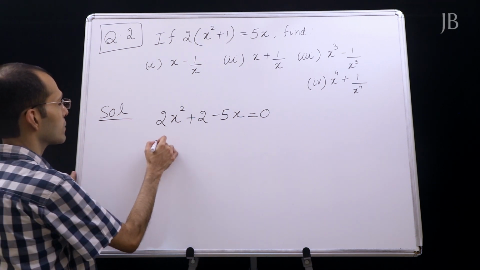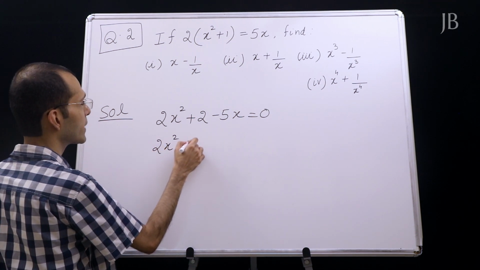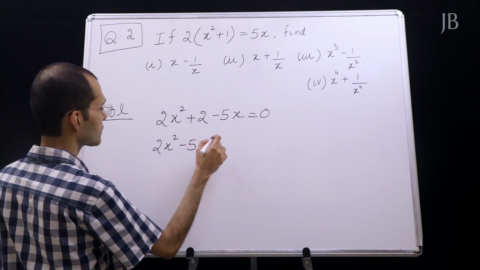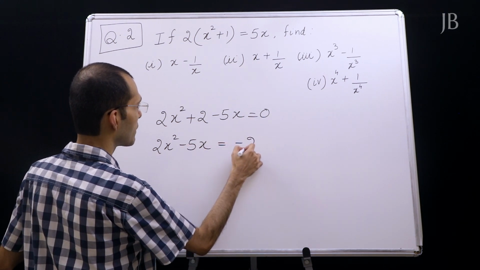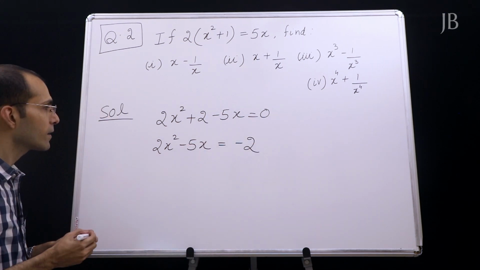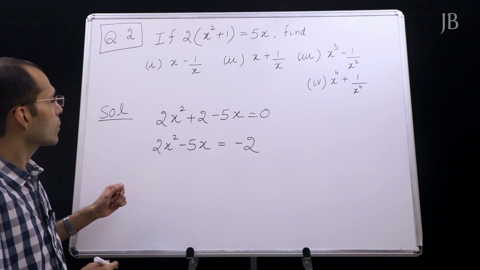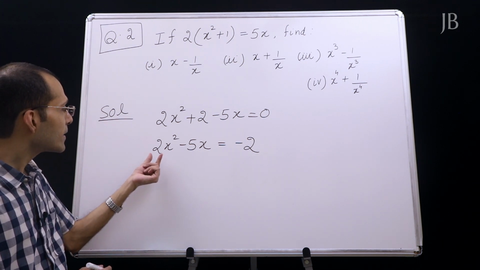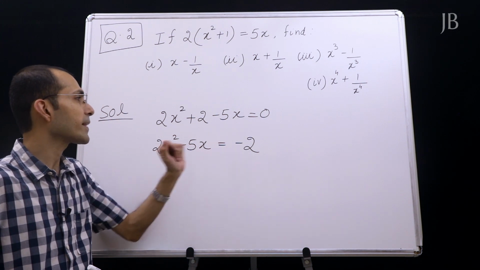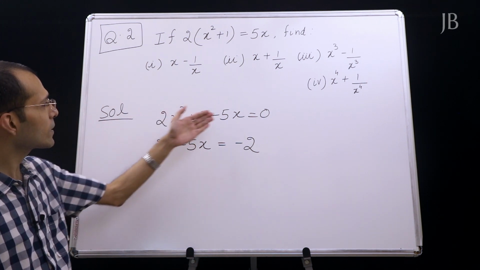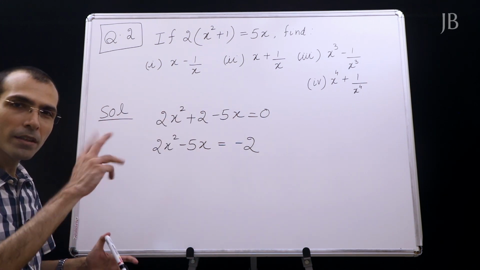So this is 2x square minus 5x is equaling minus 2. Now we will divide each and every term by x, or wait, in this case only we could have done that. Later on we will transpose it.